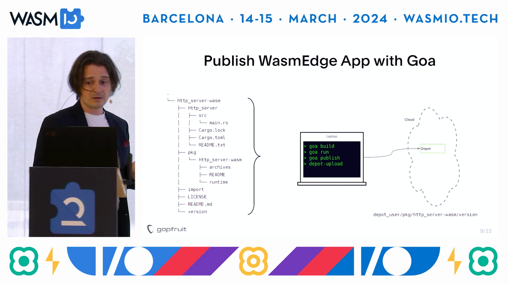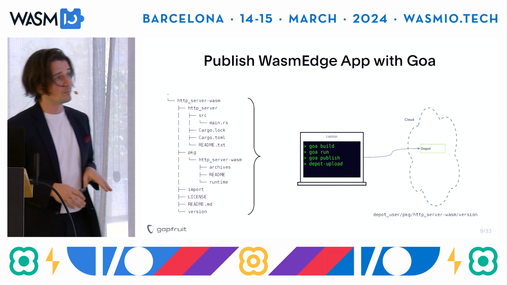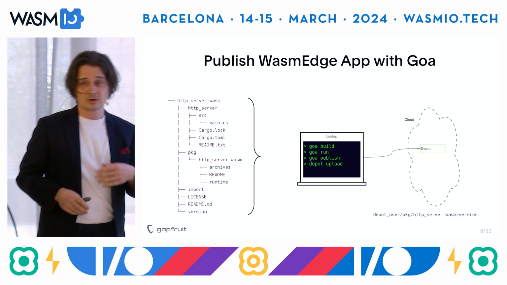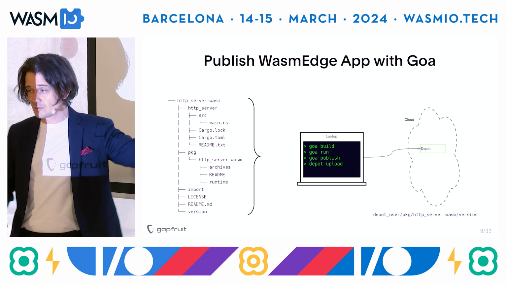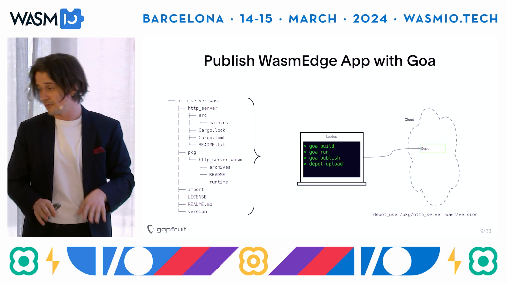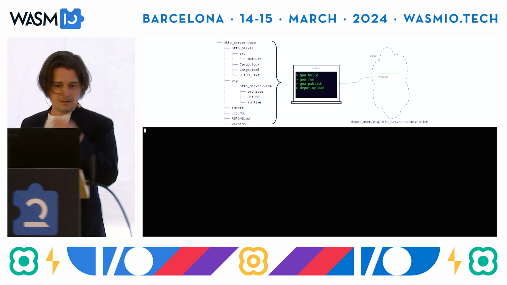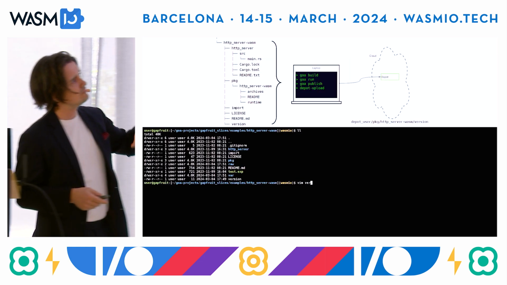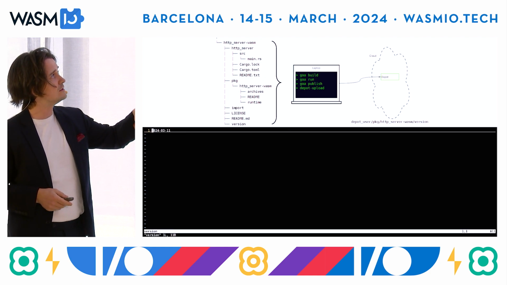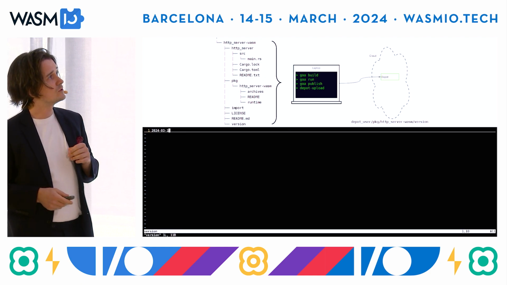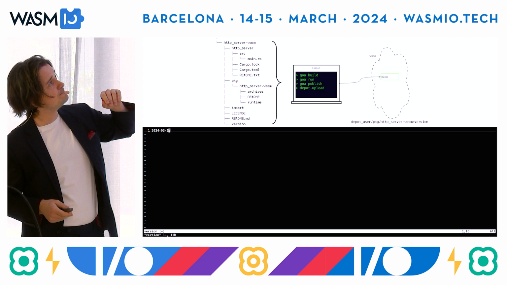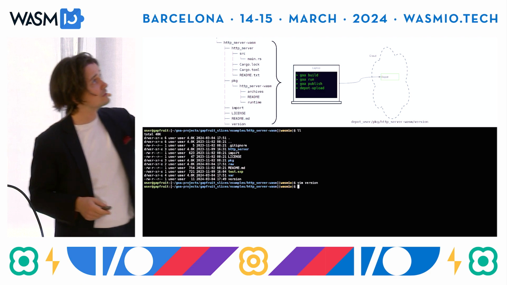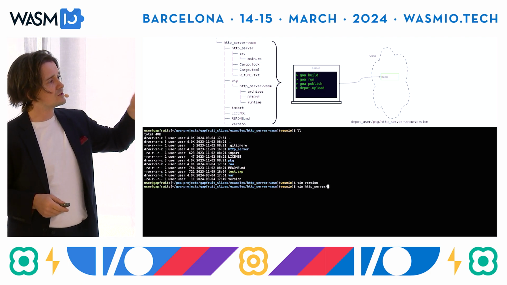So in this short demo, I will adapt the Rust example to make sure what I'm going to run in the future is the one that I'm compiling now. So we see the same structure, adapting the version file to today, and then I'm changing the Rust server.